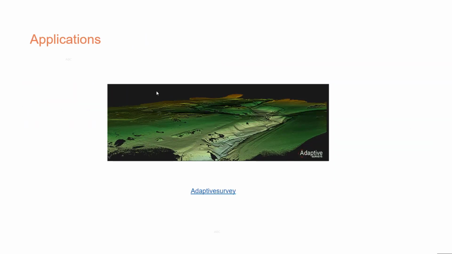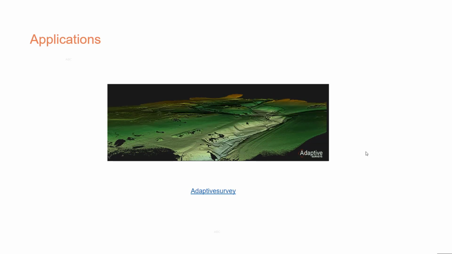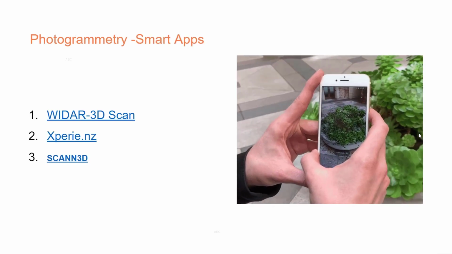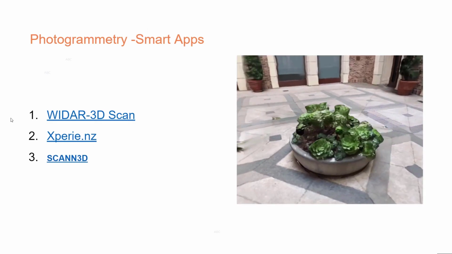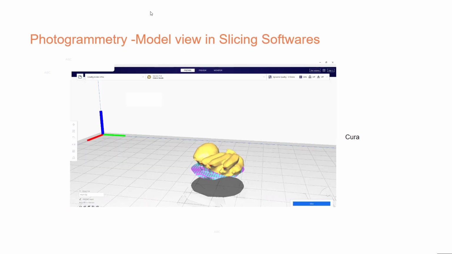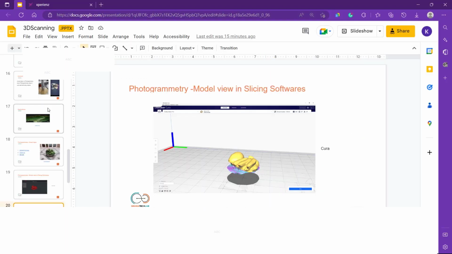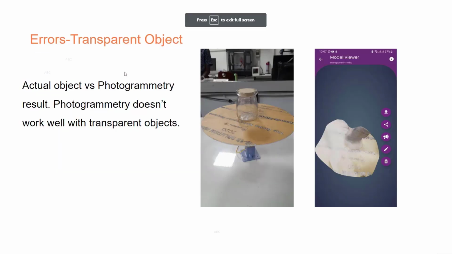And let's look at this application, changing vegetation and the like. There are a lot of factors that affect photogrammetry, but in this particular lesson we are looking at just transparent and shiny objects.